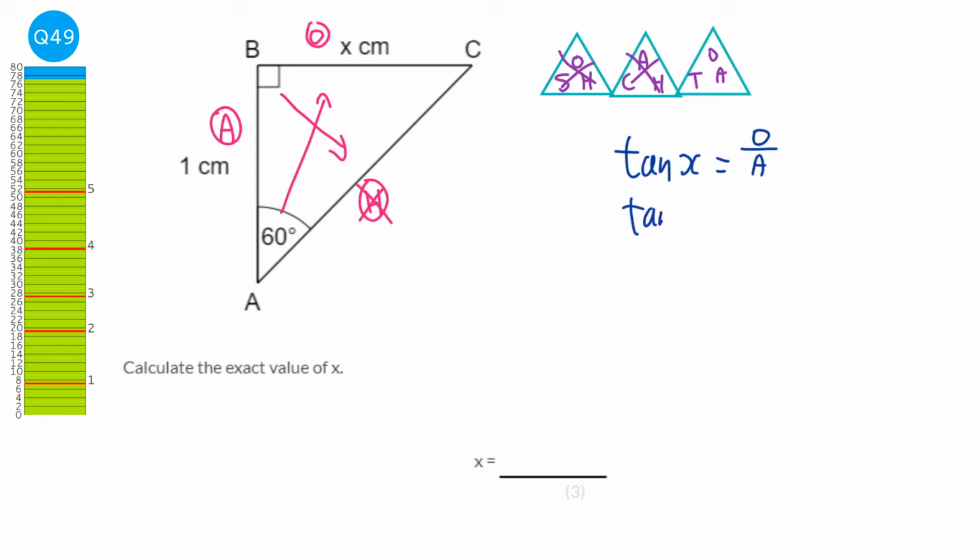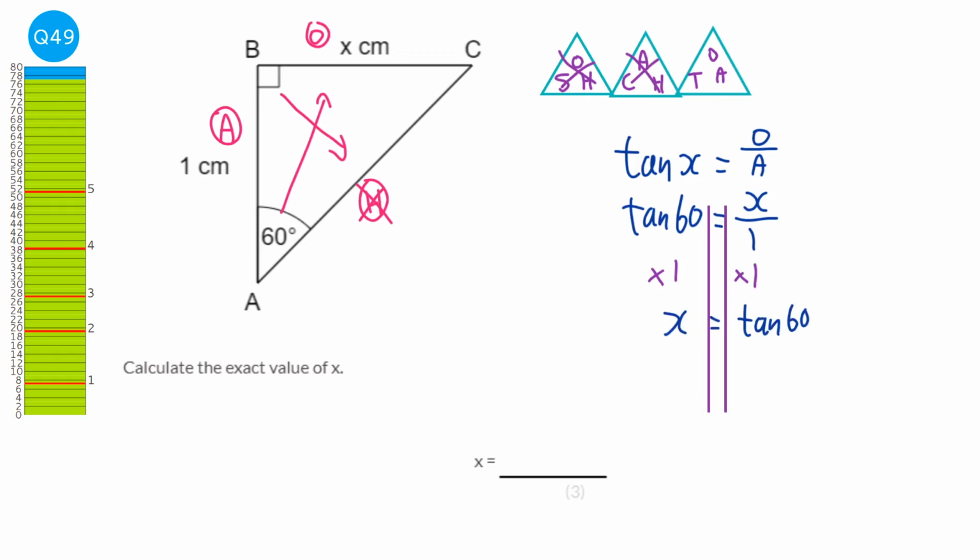The angle is 60, so it's tan 60 equals x over 1. And so now here we're looking for the exact value of x. So if I times both sides by 1, or just get rid of the fraction, we end up with x equals tan 60.